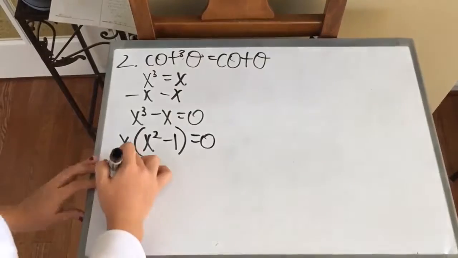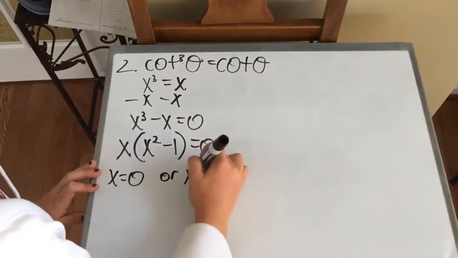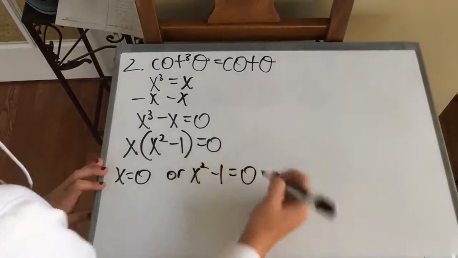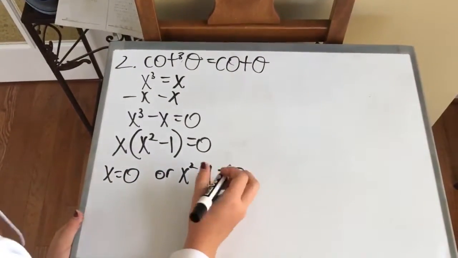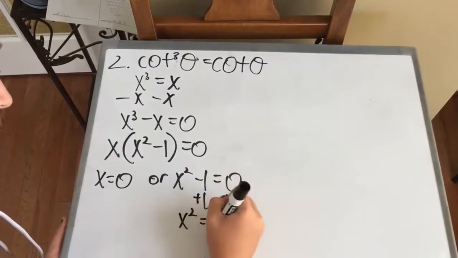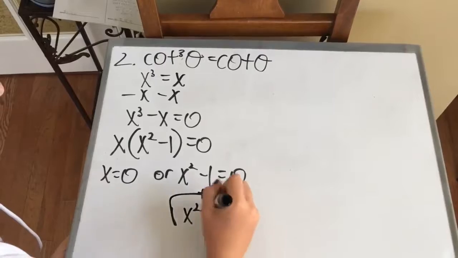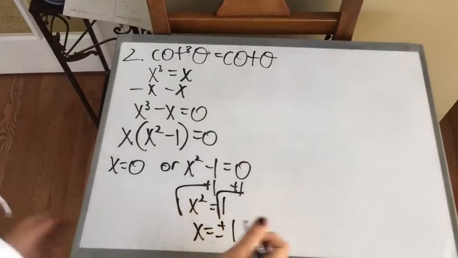And then we already know that x is equal to 0, or that x squared minus 1 is equal to 0 as well. So since this one is already solved, we simply move on to this one and add 1 to both sides. So x squared is equal to 1, and we take the square root and get that x is equal to positive or negative 1.